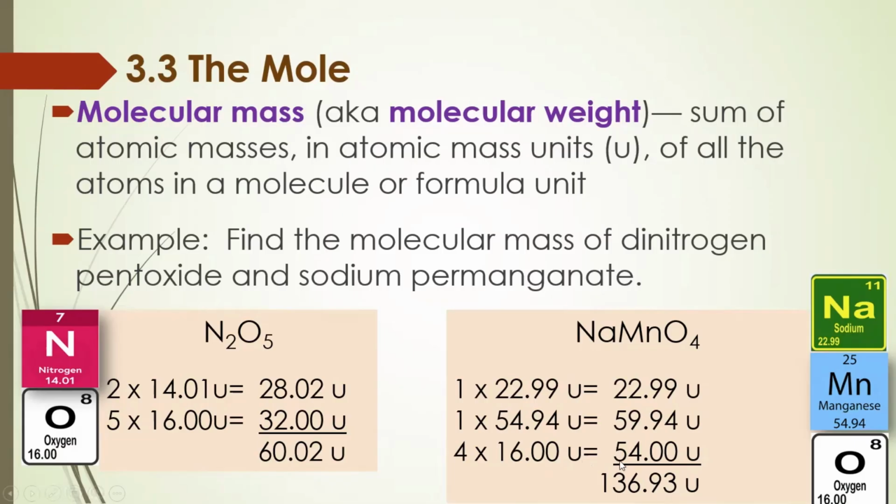I messed up here. That's supposed to be a 64, and when we add 64, 22.99 and 54.94, I believe that should be 146.93 atomic mass units. I apologize for that. So 64 right here, and we have to re-add that.